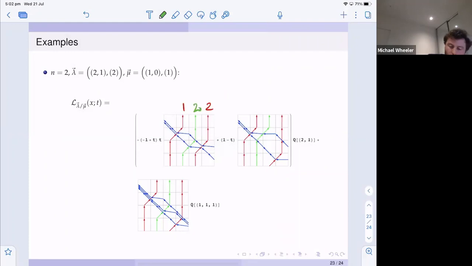This is the Maya diagram for 2, which corresponds with this. And then you can work out the Maya diagrams for these ones. And the blue lines here, these are the bosonic particles that I was talking about. And so these things here, this actually encodes the partition that you're expanding over. Okay.